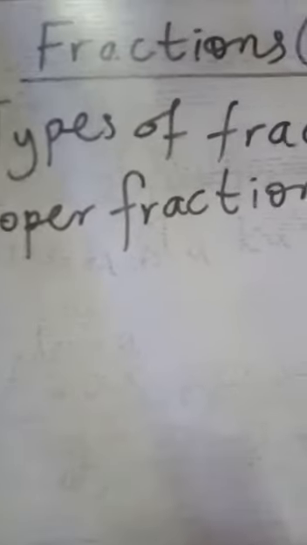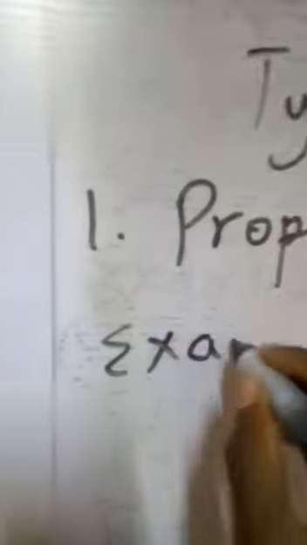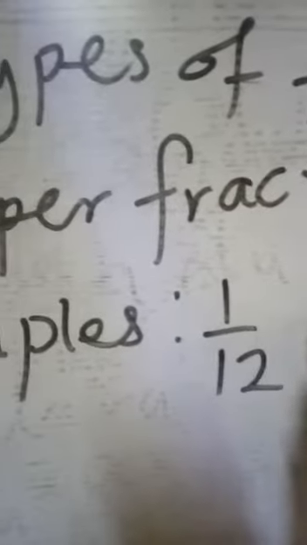So if I want to talk about examples of proper fraction, examples include, let's say, 1 over 12. So it's possible you give your brother 1 biscuit out of 12 biscuits. Another example is let's say 3 over 12, though this could be reduced later.